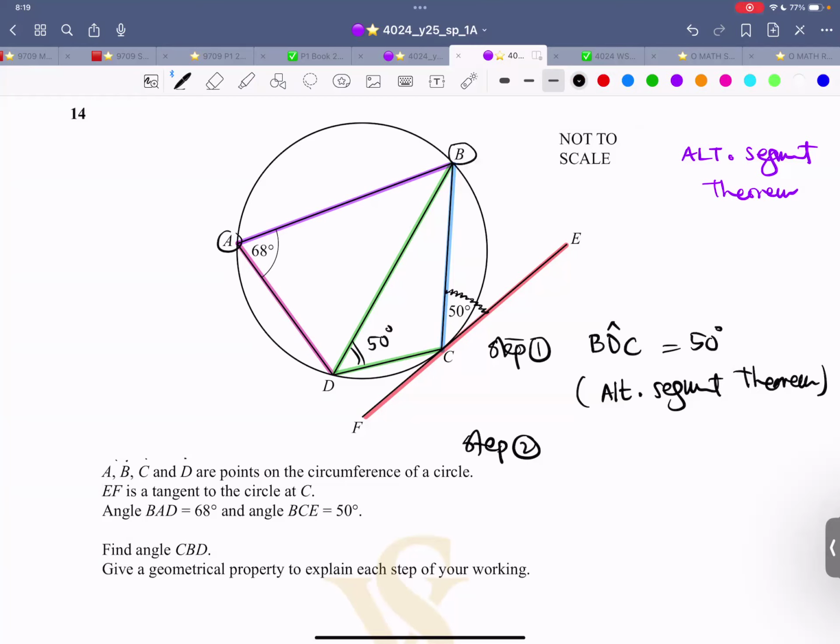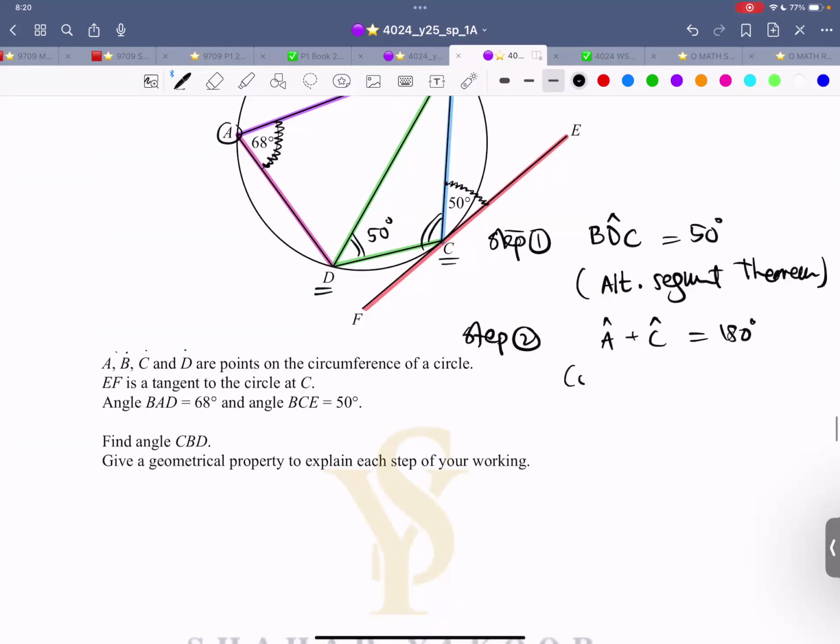That is A, that is B, that is C, and that is D. The rule is opposite angles are supplementary. So angle A plus angle C is 180 degrees. What's the reason? Opposite angles of a cyclic quadrilateral are supplementary.